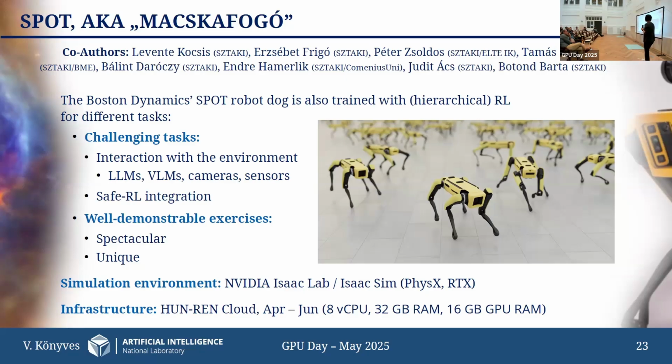Another, longer-term exercise, which we are already thinking about and have started preparations for, is one where we would like to use LLMs, large language models, visual language models, visual language actions, integrated in our robotic tasks. For example, we can teach such a model on the video frames of the virtual robot dog when it is moving in interesting environments in the simulation.